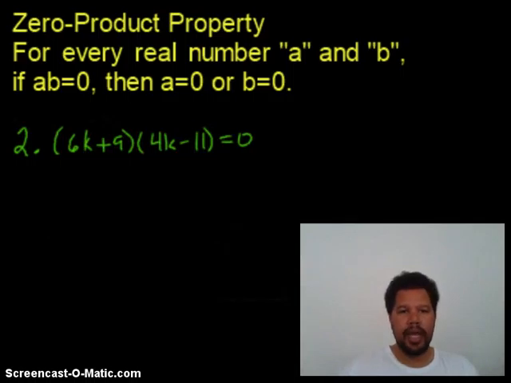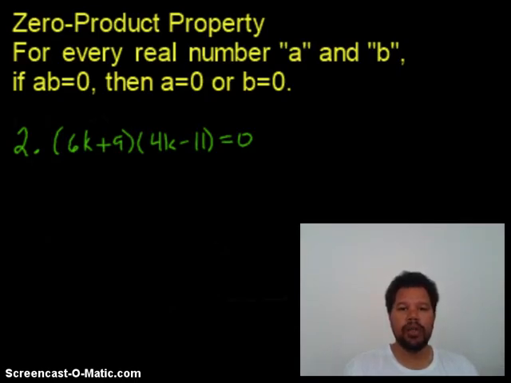Here's another example of using the zero product property. And I want to use this example so that you know that the answers don't always have to come out to be integers. They can be in any form, from a fraction to a decimal to the whole numbers and the integers. So let's go ahead and apply the zero product property.